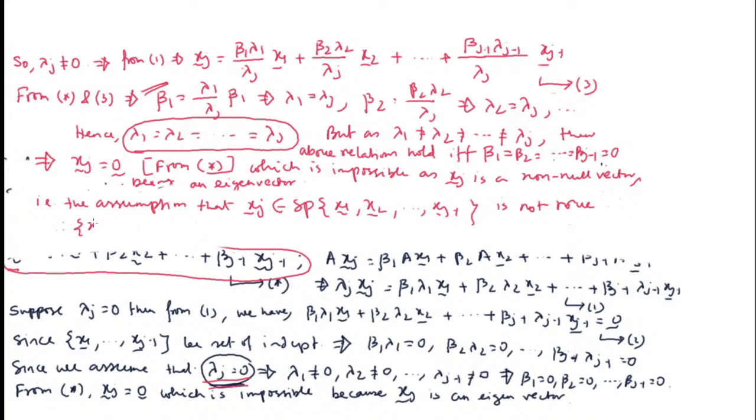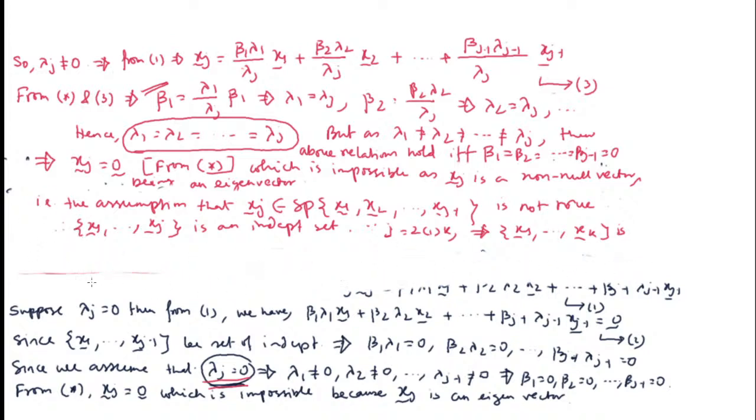Therefore x1 to xj is an independent set, and since j varies from 2 to k, this means x1 to xk is a set of linearly independent vectors. Hence proved.